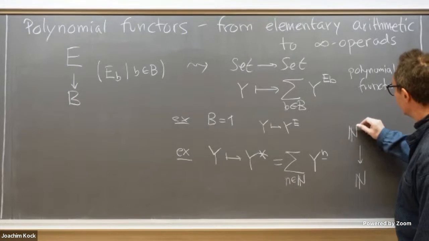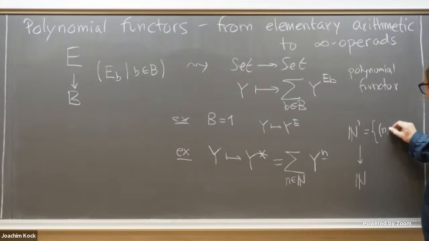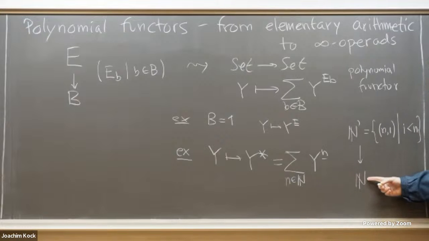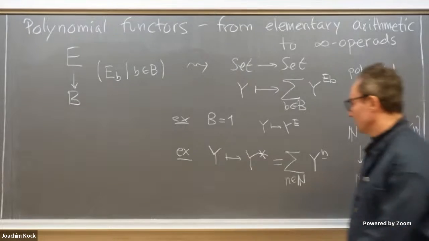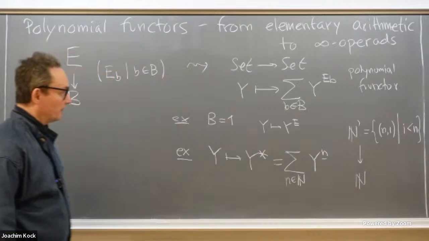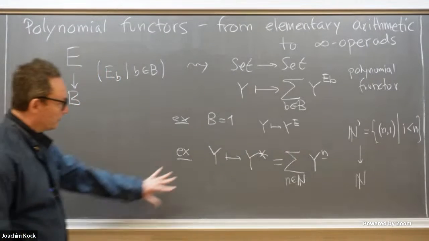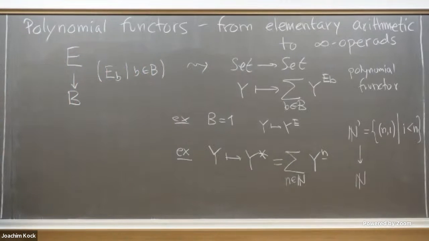And one way to do it, let's call it M prime, is to take the set of pairs (n, i), where i is smaller than n. Because then, for example, if we take the fiber over 7, then we're looking at all the numbers smaller than 7, so that's a 7-element set. And that's this fiber that we see here. So we see that this functor is polynomial, and it's represented by this map. This will play a role several times in the talk, and it's in general in the theory.